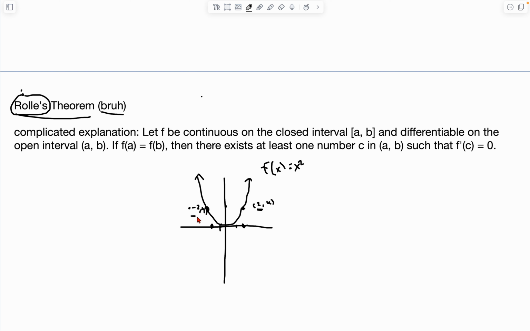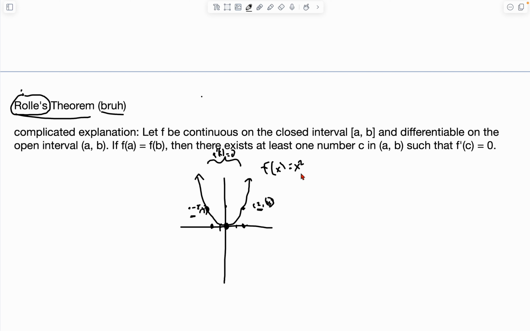If I took two random points on some interval and the y values are the same, in this case both y values are 4, then there exists at least one number in this interval from -2 to 2 such that the derivative is 0. And if you look at this graph, you can see that the derivative point where it's 0 is right here at the origin, because this is just f(x) equals x squared.